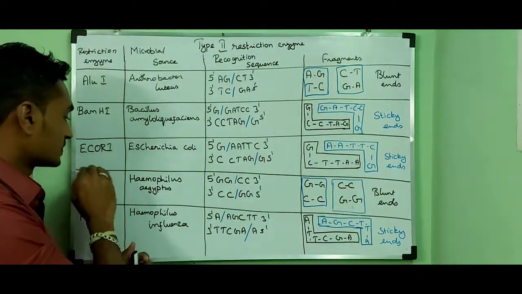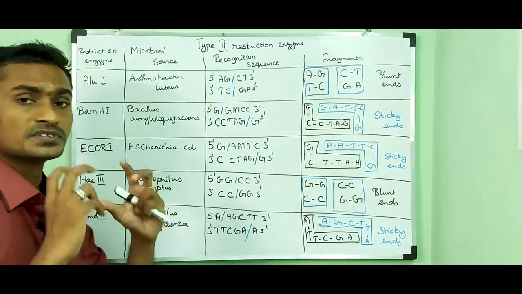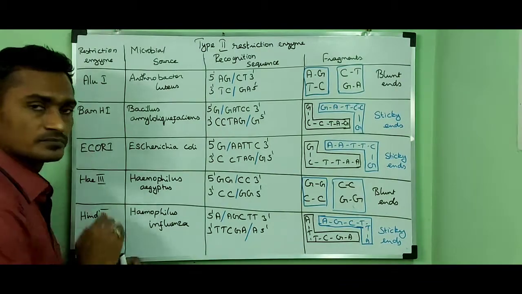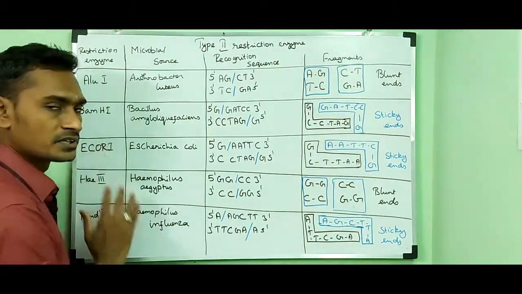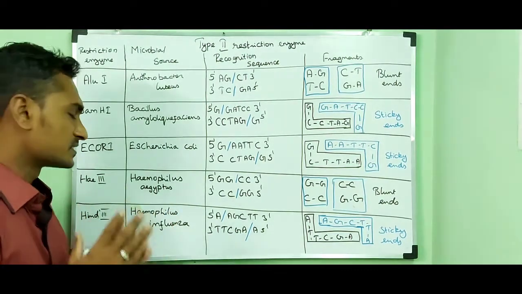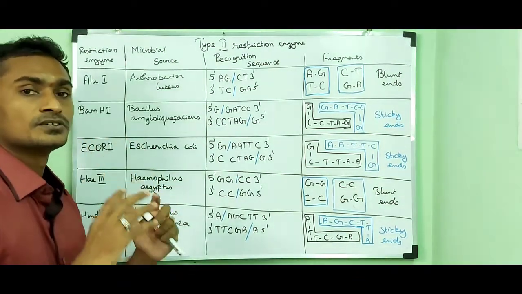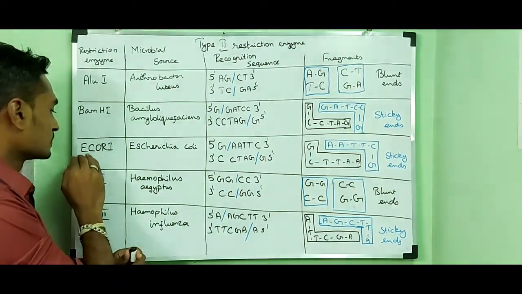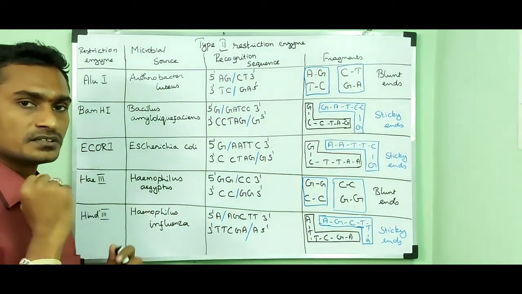So the enzyme was isolated from strain R. Then the strain name is followed by a Roman numeral, which indicates the order of discovery. That means E. coli is the first endonuclease to be discovered.